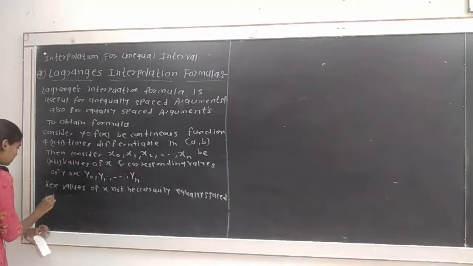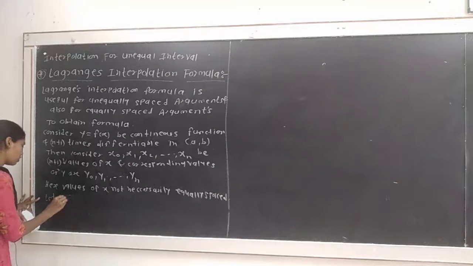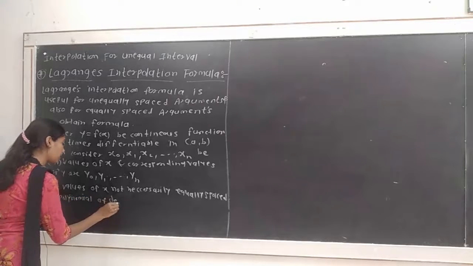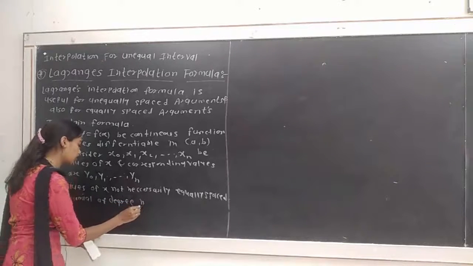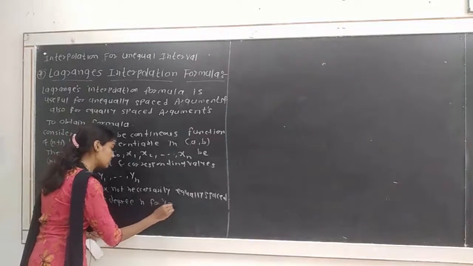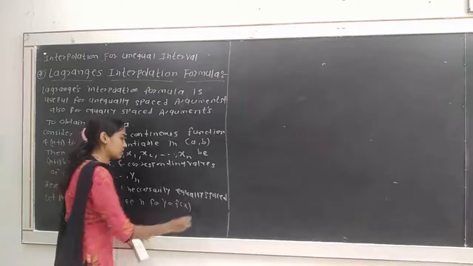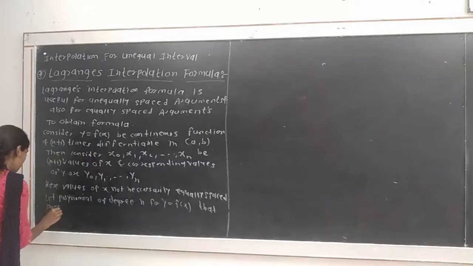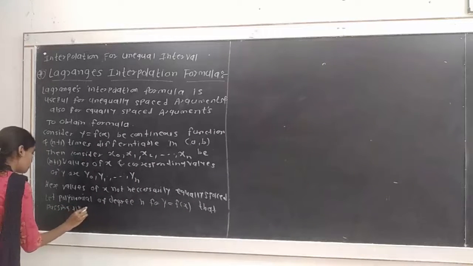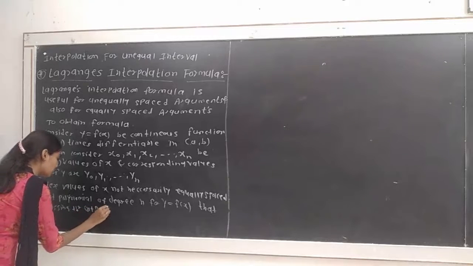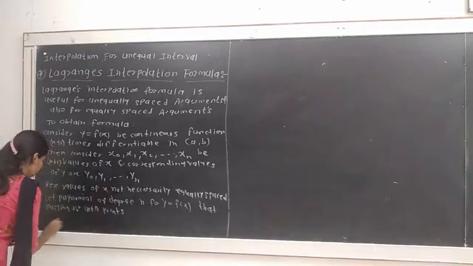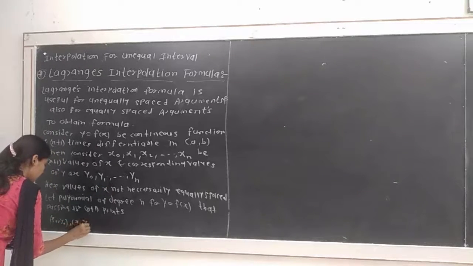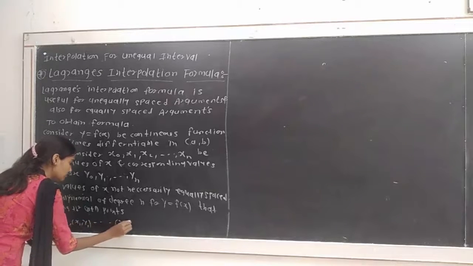Let there be a polynomial of degree n for y is equal to f of x passing through the n plus 1 points (x0, y0), (x1, y1) up to (xn, yn).